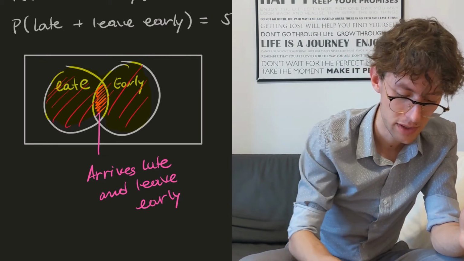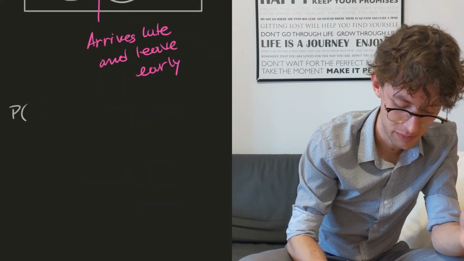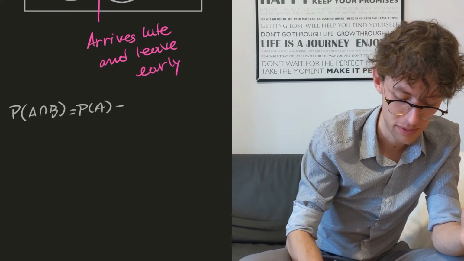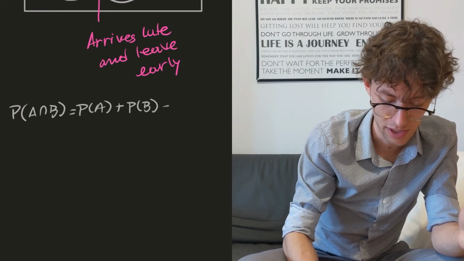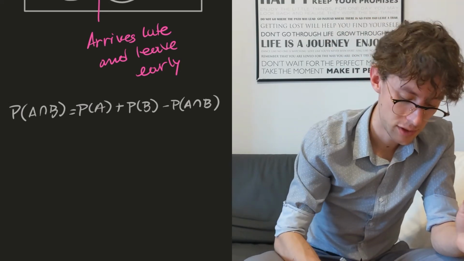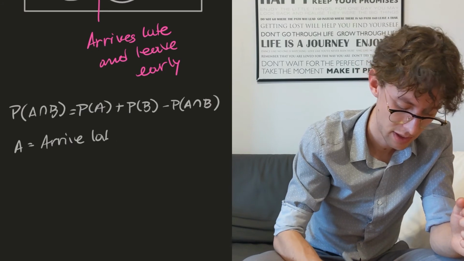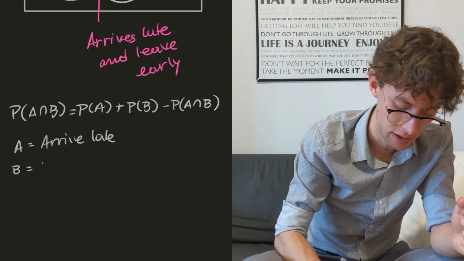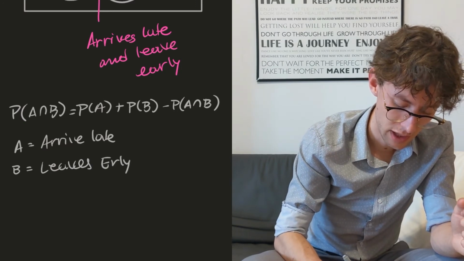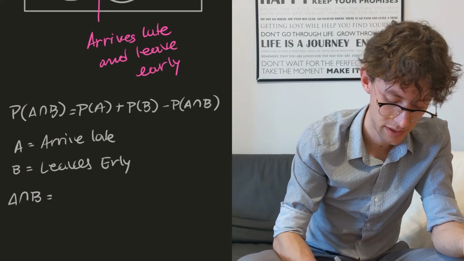So we saw that this probability, do you remember we said that the probability of A union B is equal to the probability of A plus the probability of B minus the probability of A intersect B. And so let's say that A is equal to arrive late, B is equal to leaves early, and then A union B is equal to arriving late or early, right?